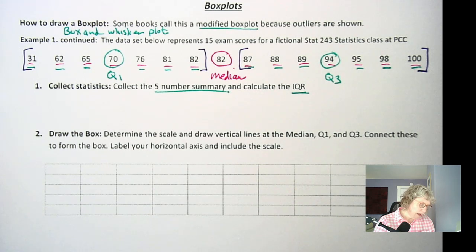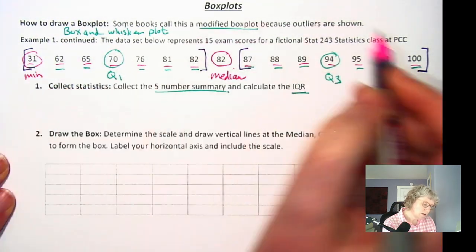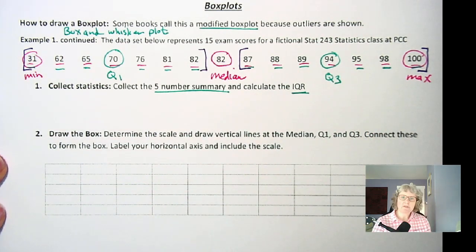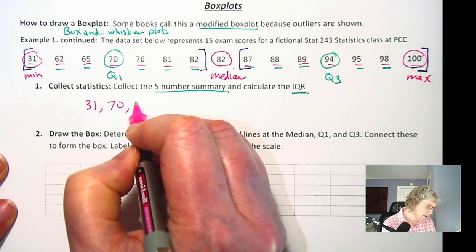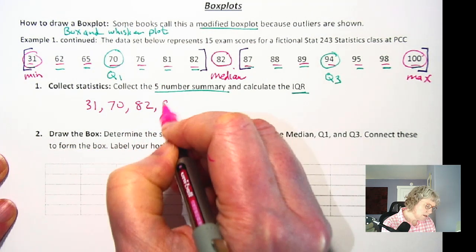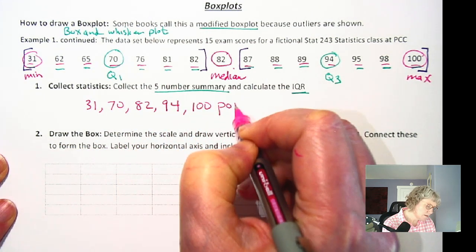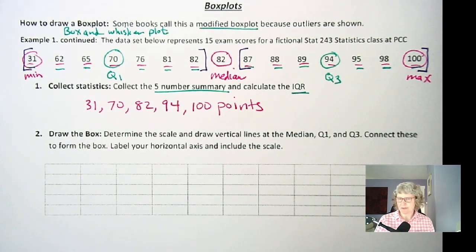The only things we need to add to that is our minimum, so our smallest, and our largest, which is our max. And those are the 5 numbers for our summary. So let me write that out. 31, 70, 82, 94, 100, and then I'm going to write points at the end. It could be kind of tedious to write the units 5 times, so 1 time is generally fine.